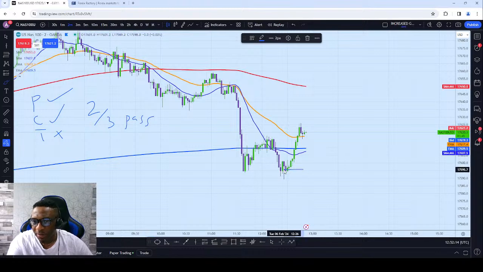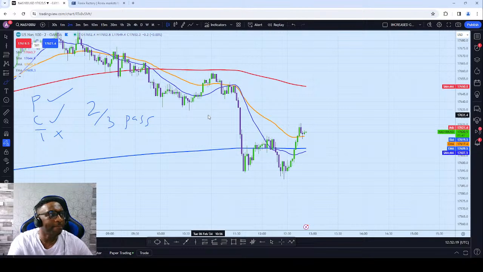Currently where we are, price pushed down here, pushed up, came down. Whenever there's a push down like this, don't be in a hurry to enter a trade here.